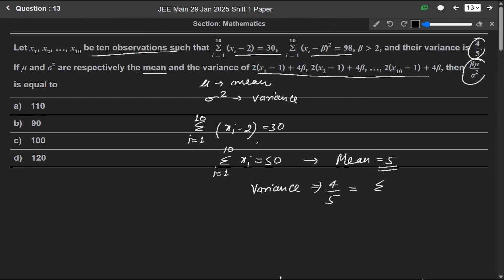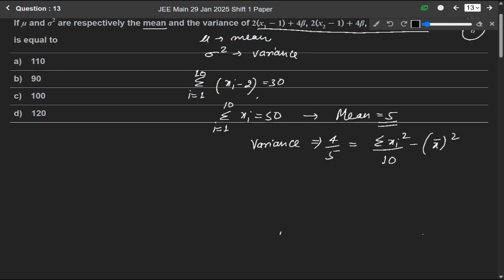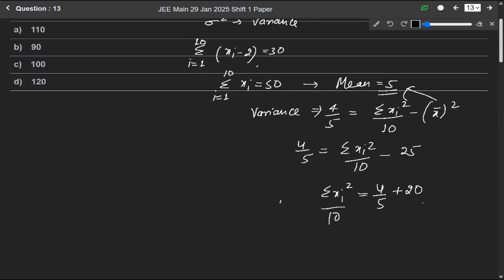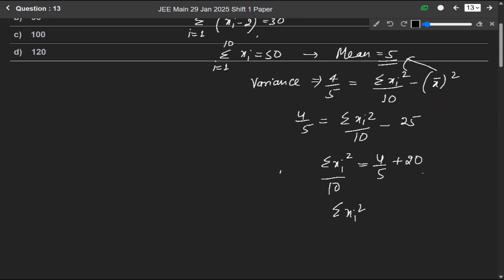So for this we can write sigma xi square over 10 minus x bar square. So this 4 over 5 will be equal to sigma xi square over 10 minus this 5 square, means 25. So sigma xi square over 10 will be equal to 4 over 5 plus 25, which is 129 over 5.